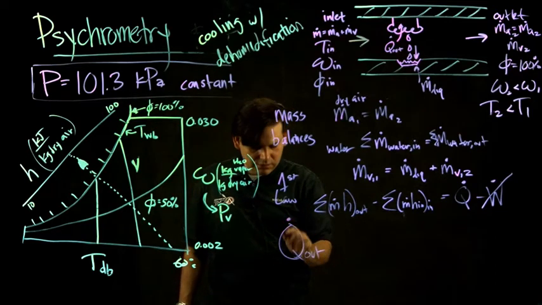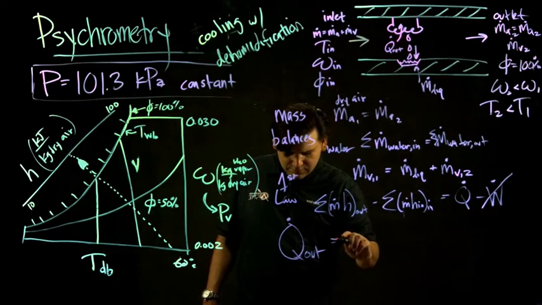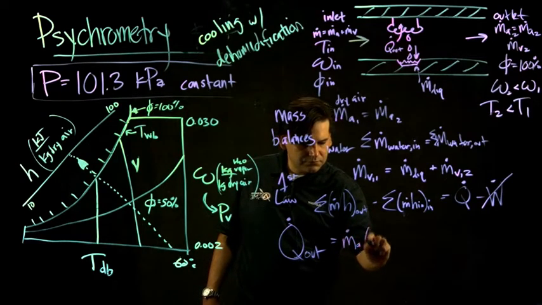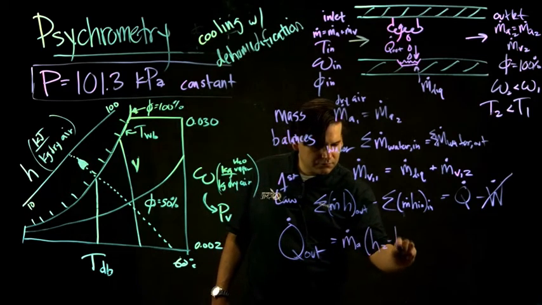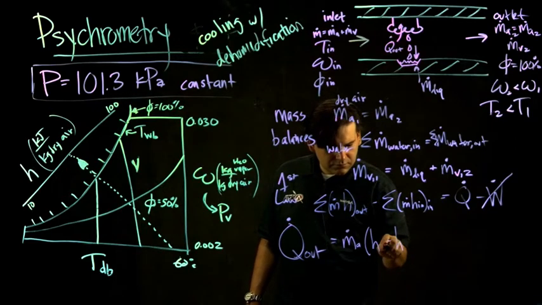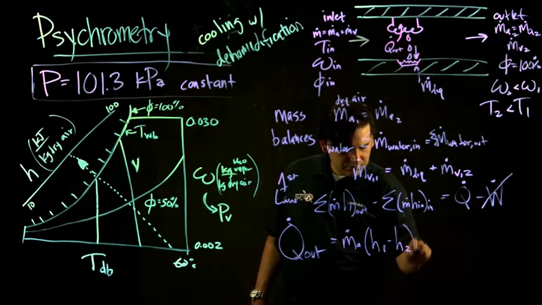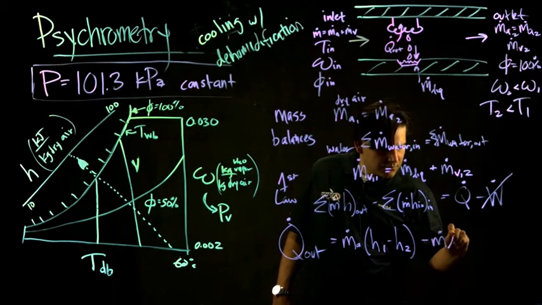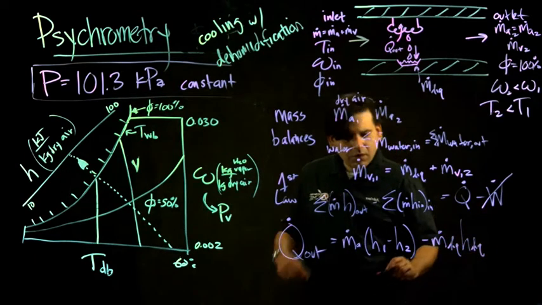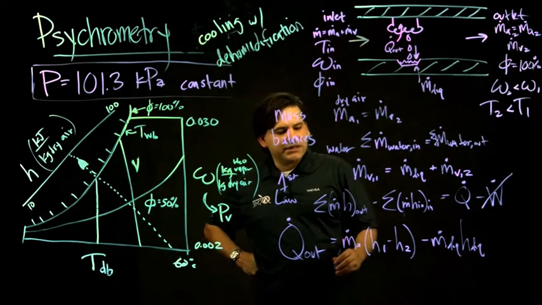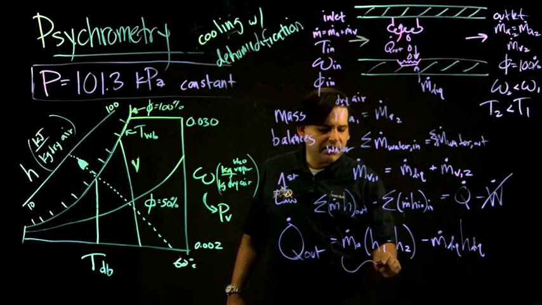Q out at some rate is the mass of dry air. So notice that I guess I skipped some steps here.